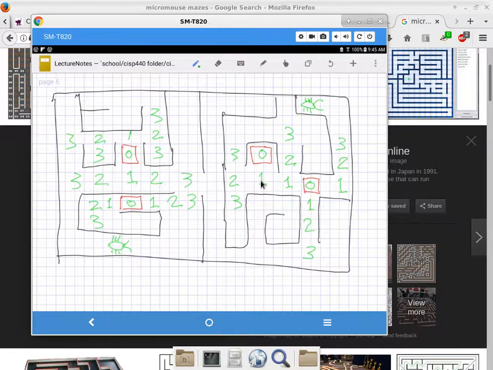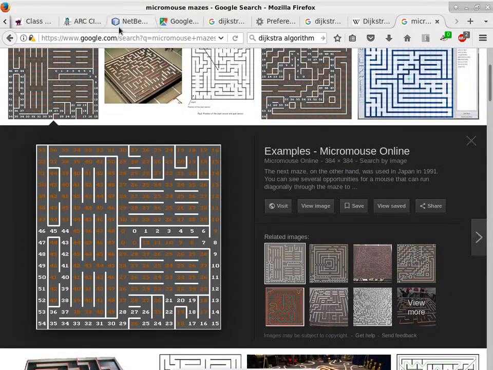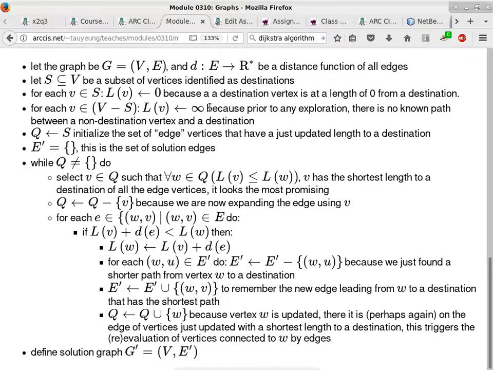Okay, so now that we have seen a more graphical representation of what Dijkstra's algorithm would do, we can now go back to the actual algorithm, which is here. Okay, so now we get back to the really abstract and all the words and whatnot. So we'll start with this, and we'll go slow to make sure that everything is understood here.